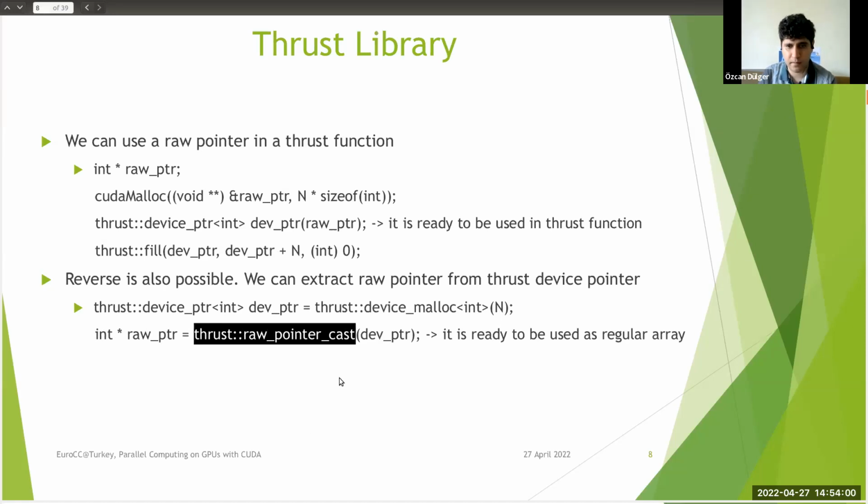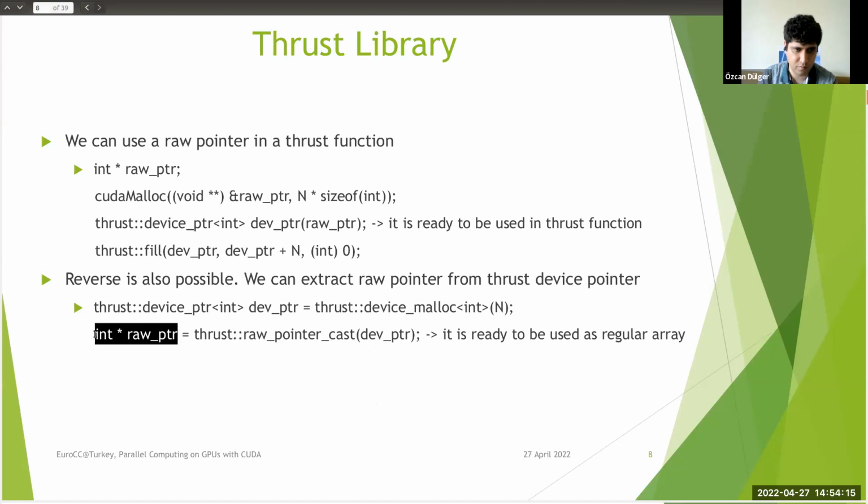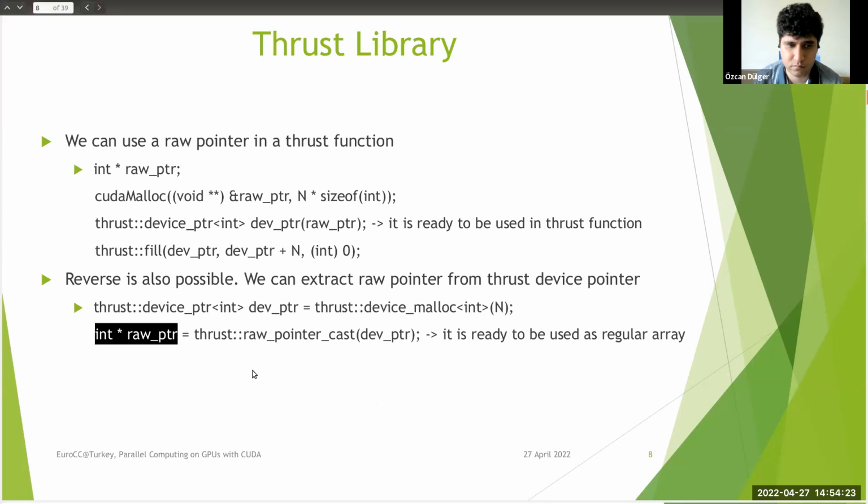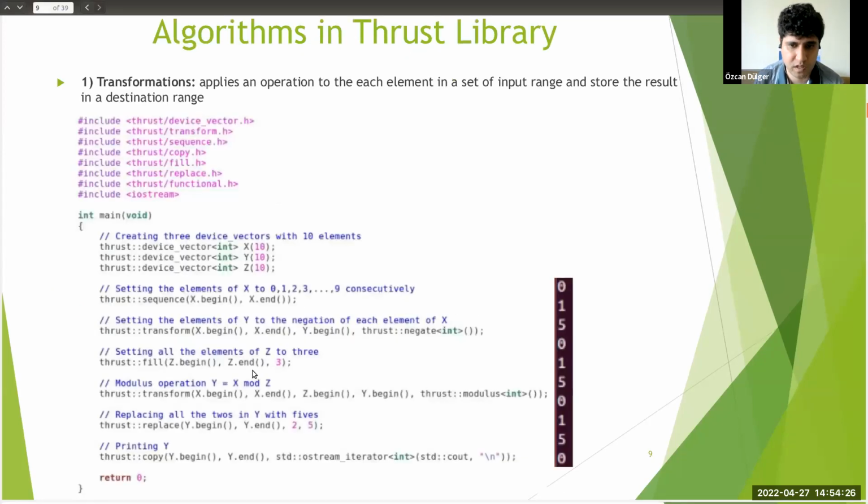We can extract the raw pointer of this device Thrust pointer here. Then we set the address of it to our raw pointer, as you see. Now we can use it. We can use that address in our regular pointers.